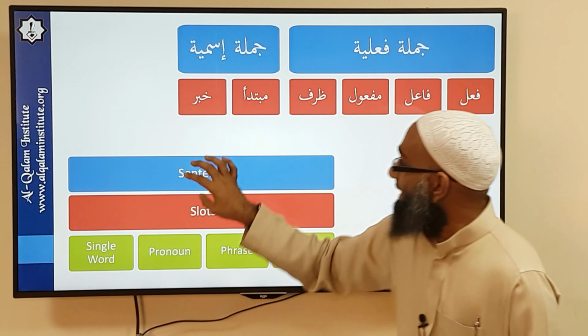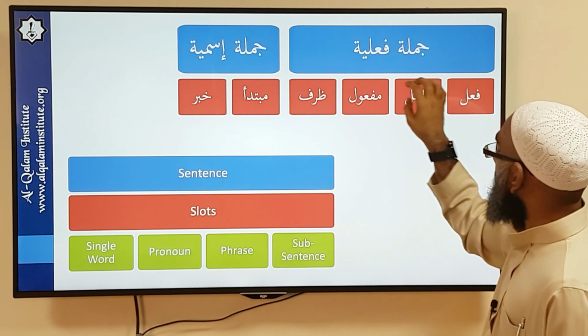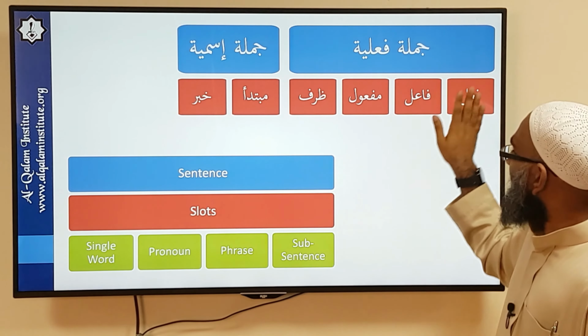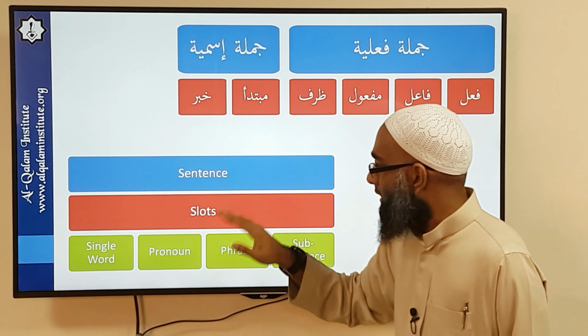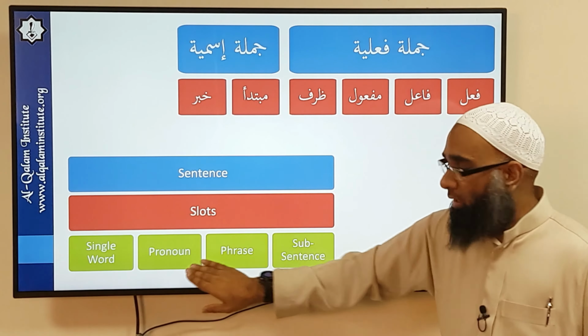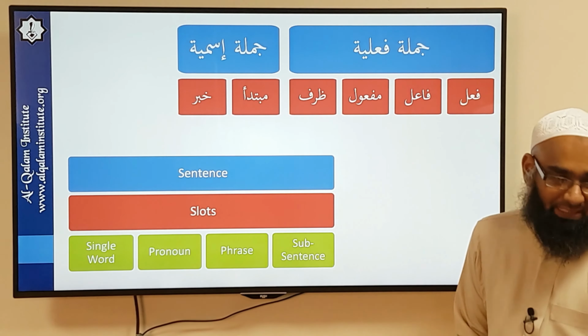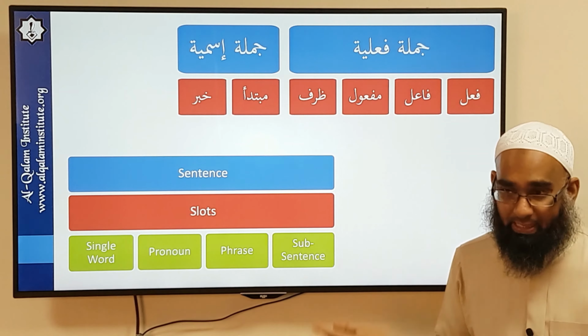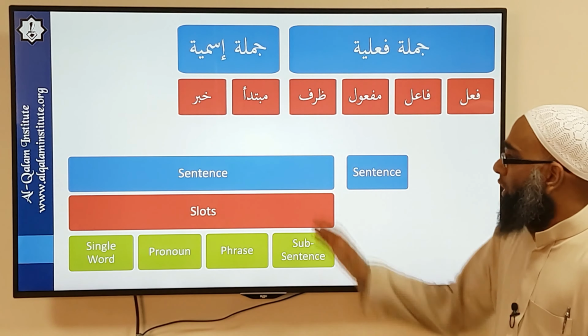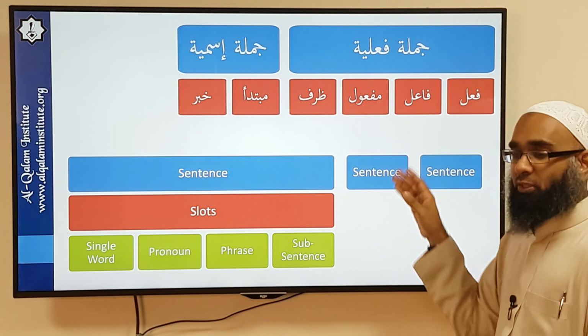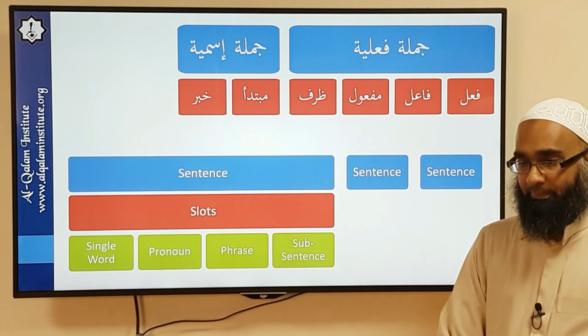Except the fa'il, all of these slots can be either a single word, a pronoun, a phrase, or a sub-sentence, meaning a sentence within a sentence. Is it making sense? And then you join one sentence to another, to another, and that's how you get the language.